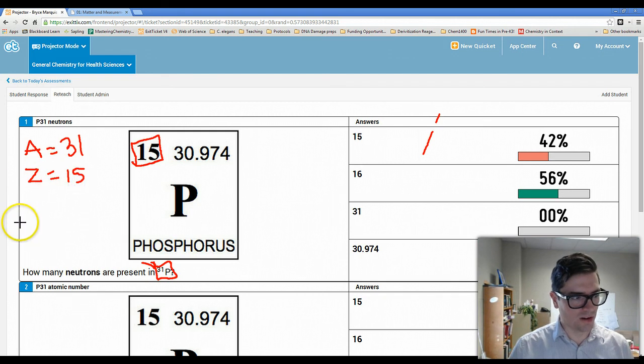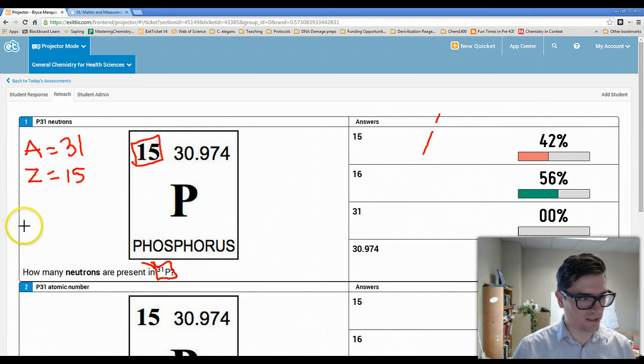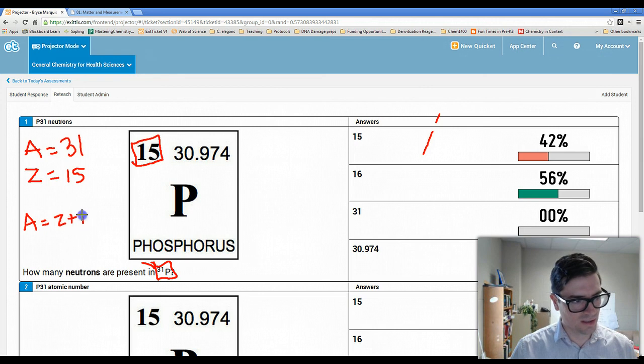If you remember, our mass number is our protons plus our neutrons, and our atomic number here is our protons. So that would mean that A equals Z plus neutrons. Let's call it neut.